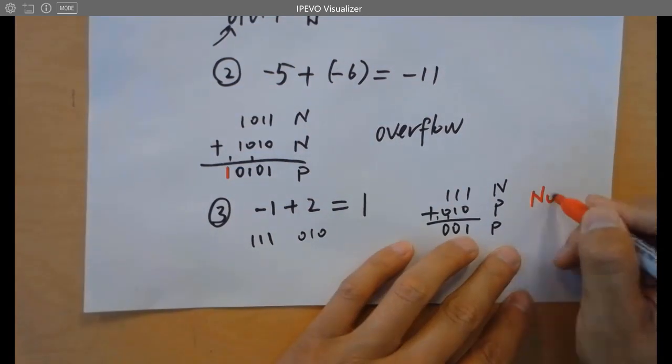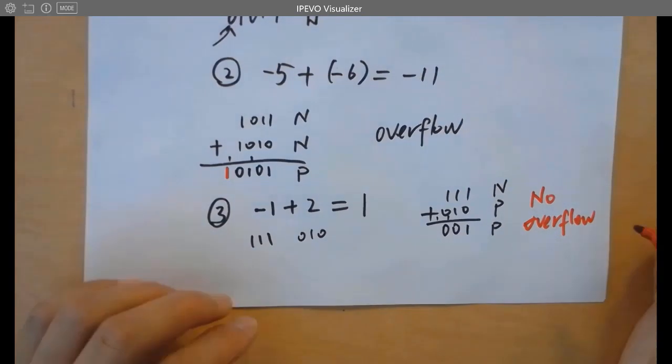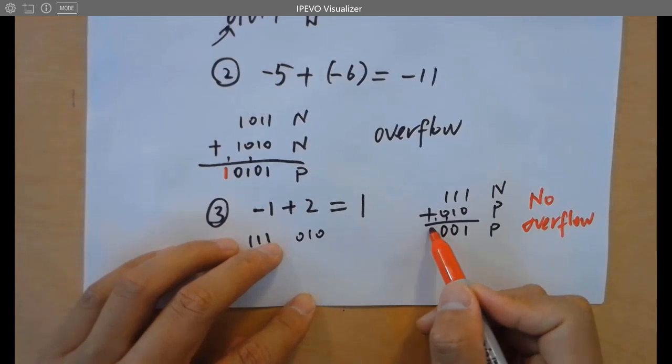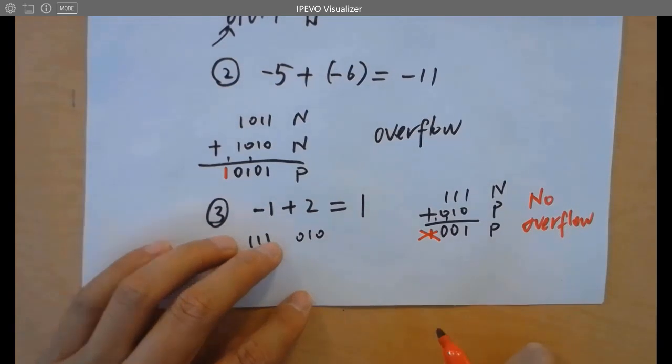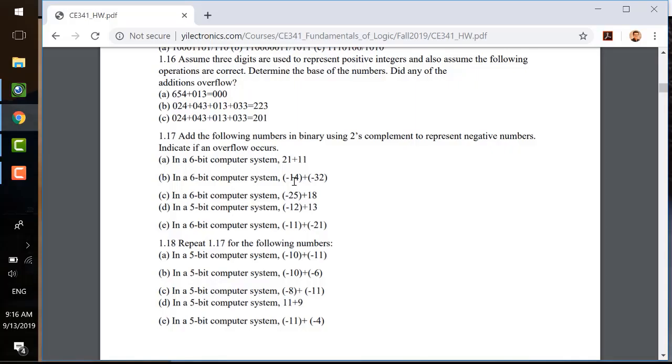So no overflow. Then do not use the carry. You do have a carry, but do not use it. This just adds a little bit of computation load to the computer, but you can design a digital circuit to get rid of this easily. Do the calculation and indicate if overflow occurs.